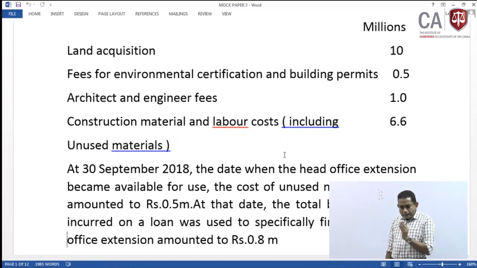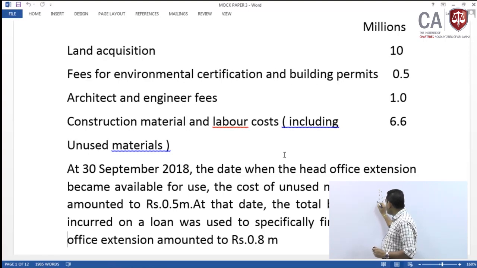And towards the end of the year, or maybe at the end of the construction, at the site of the construction, there are some materials not utilized for the construction. So 6.6 million is the total amount spent on material, and this 6.6 million material cost has not been exhausted for the construction. 0.5 million has not been used.